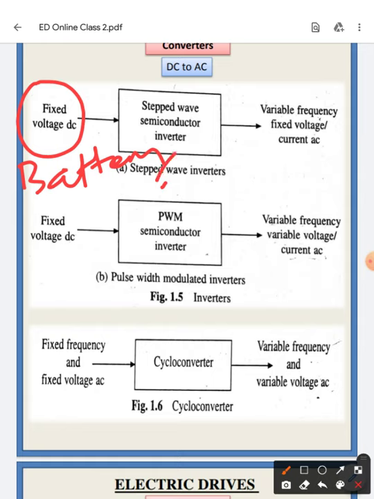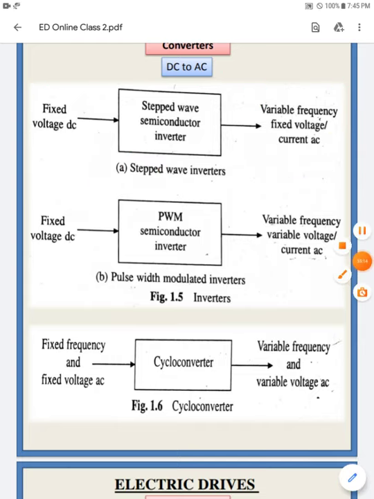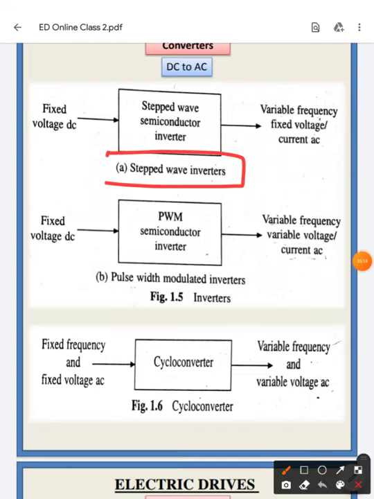The battery gives us a fixed DC voltage, and if a stepped wave semiconductor inverter is connected here, you will get variable frequency, fixed voltage AC current. It is called the stepped wave inverter.